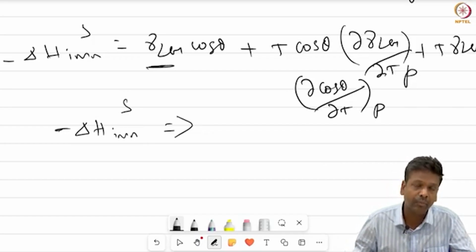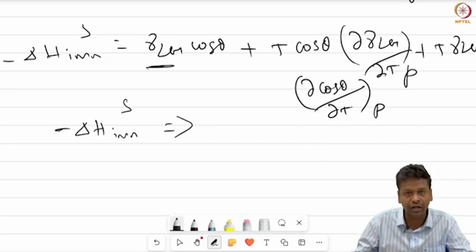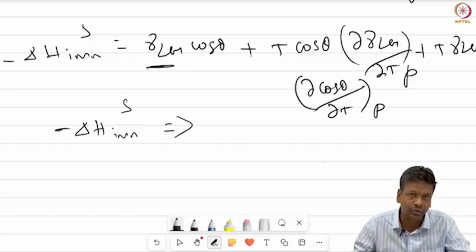Although we have several sophisticated techniques, like calorimetric techniques, to measure this small amount of heat released, you can use this equation to complement and validate the calorimetric results. In this way, this equation can be used to compute the amount of heat released from the process. So we'll stop here. We'll continue from the next lecture. Thank you.